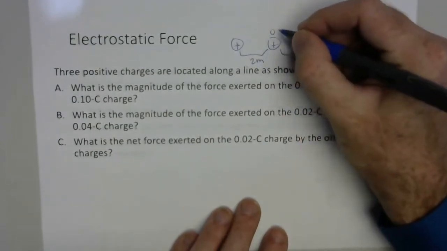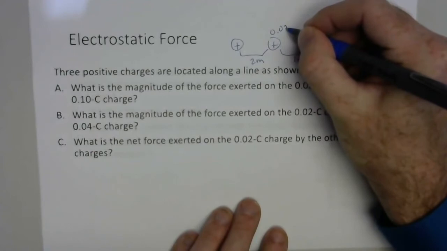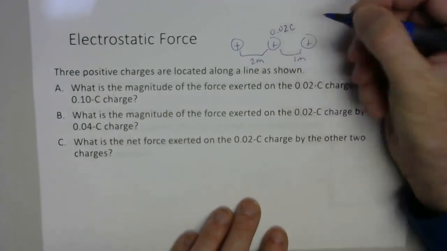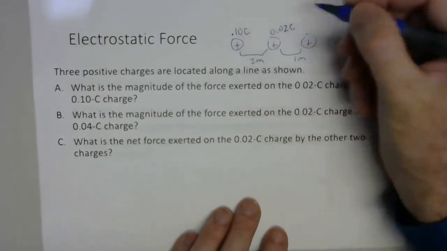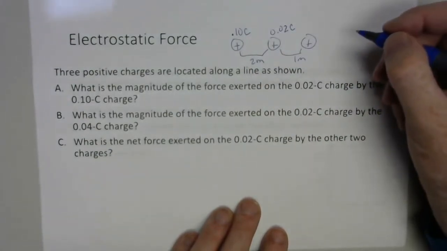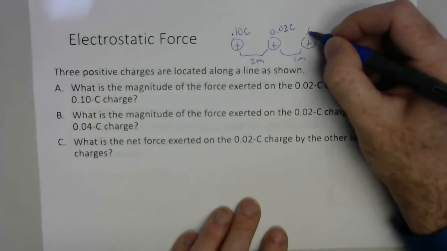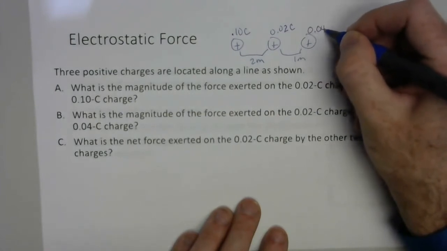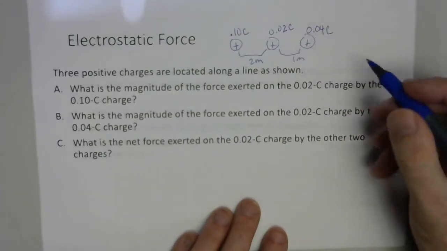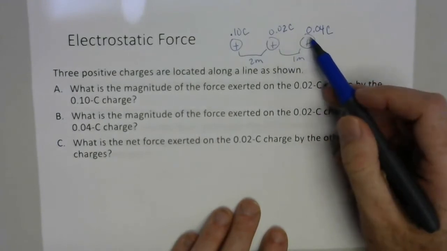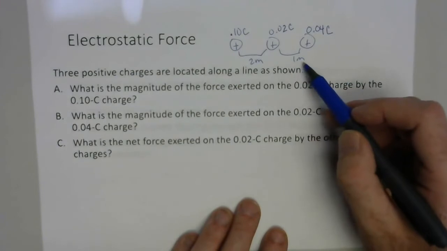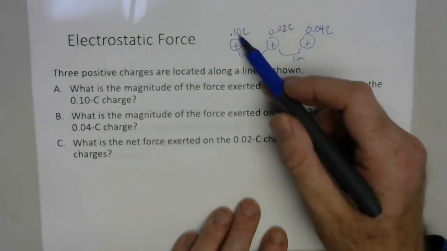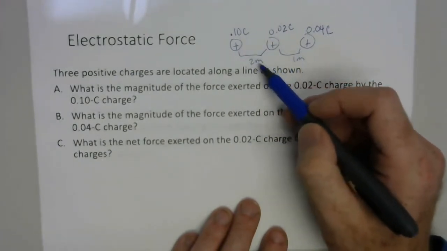This is 0.02 coulombs. This is 0.10 coulombs. And then this is 0.04 coulombs. So smaller charges, but a smaller distance versus a larger charge with a bigger distance.